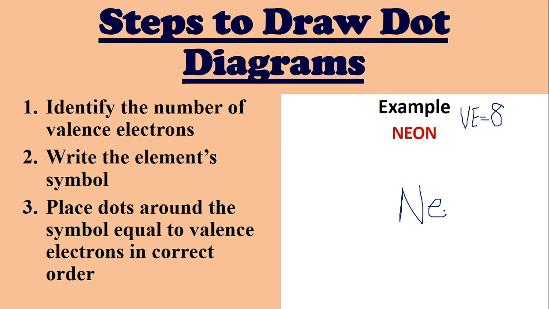In correct order is just like we do with Bohr's model, but we're doing the electron dot diagram. So 1, 2, 3, 4, 5, 6, 7, 8, because of 8 valence electrons. And this is the dot diagram for neon.